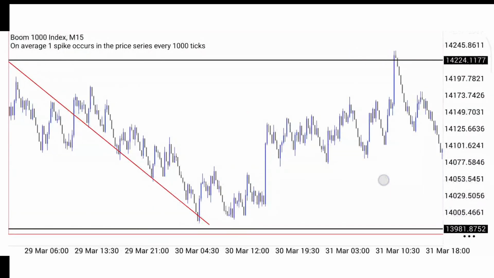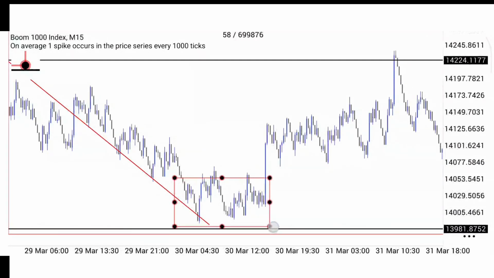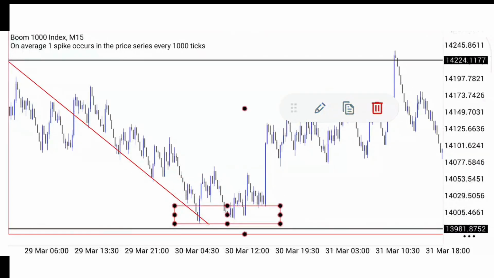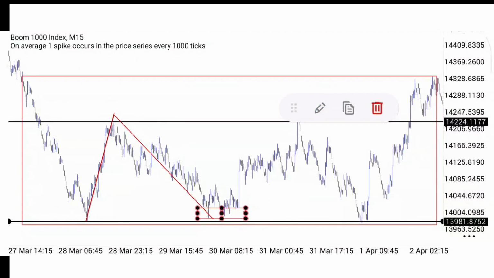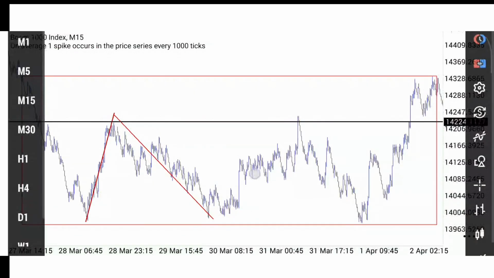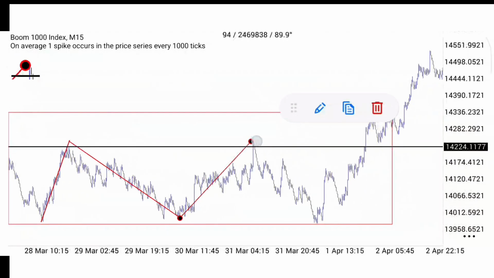As you can see here, the price movements did not break the last structure of the market. So we now want to see this price movement, then go to the top here, breaking this structure.